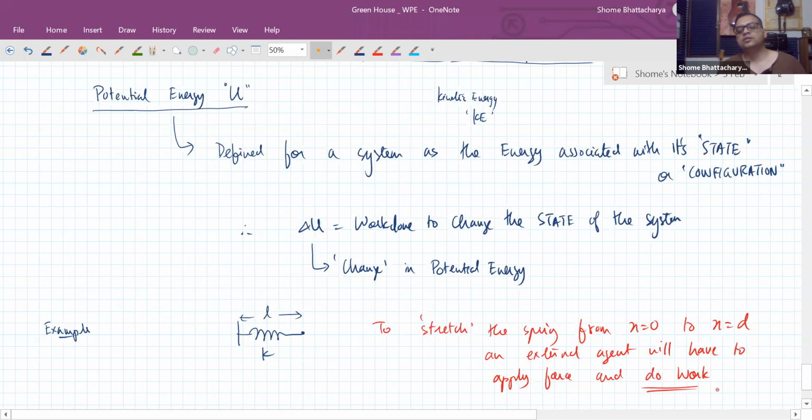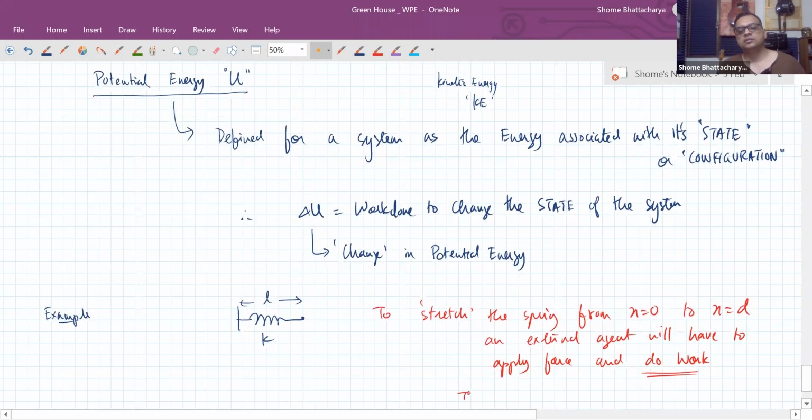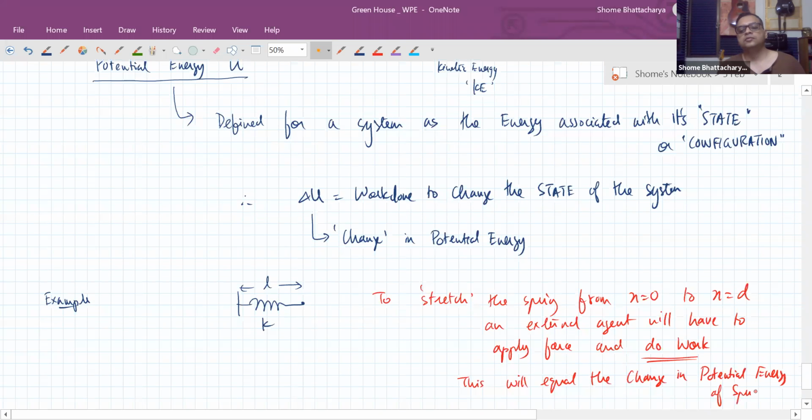So that work done will equal the change in kinetic energy. Sorry, the change in potential energy of the spring.